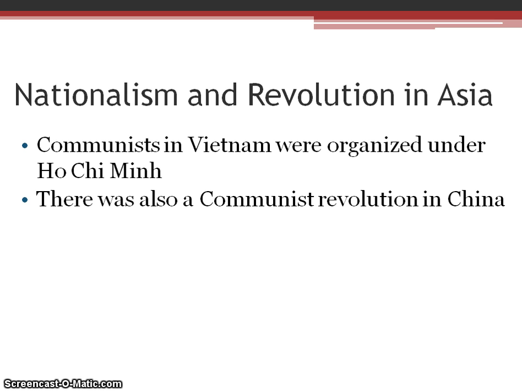And so there's just a lot of changes going on in Asia. And with communism, this is appealing to the masses because it is arguing in favor of government control and government distribution of resources, so that all people have access during these difficult economic times.